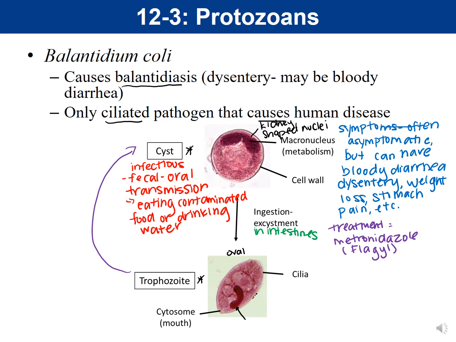So based on the fact that cysts are shed in feces, or even trophs could be shed in feces, what might you guess is the method of diagnosis? How do you think that this disease is going to be diagnosed? And so hopefully now you've figured out the method of diagnosis: stool sample.